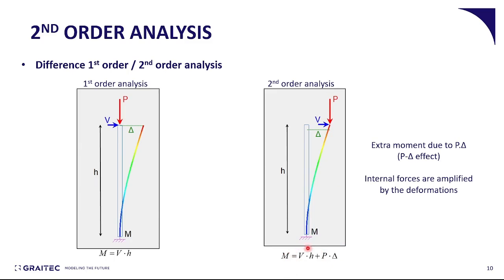In this case, the equations of the equilibrium are not described using the undeformed shape, but they are described using the deformed shape of the structure, and this is the reason why the bending moment is now increased, because the load P, the vertical load, is now producing a bending moment for this fixed end.